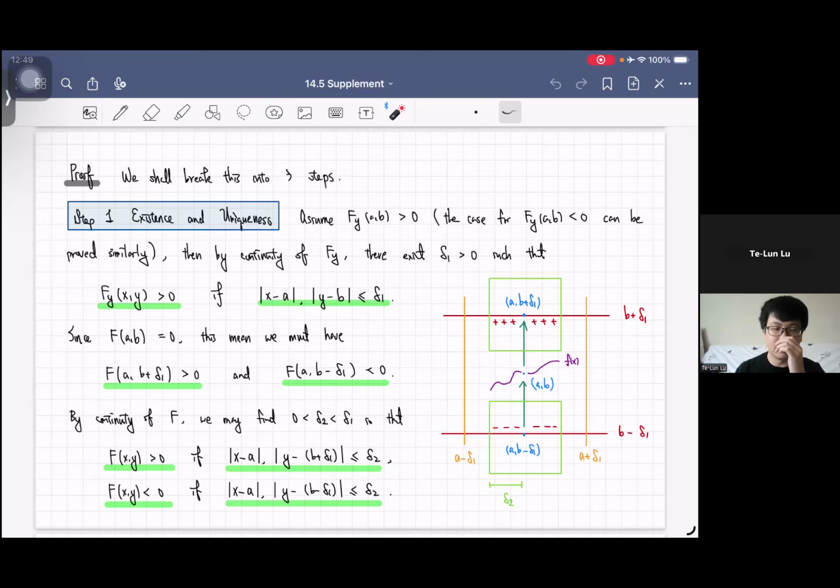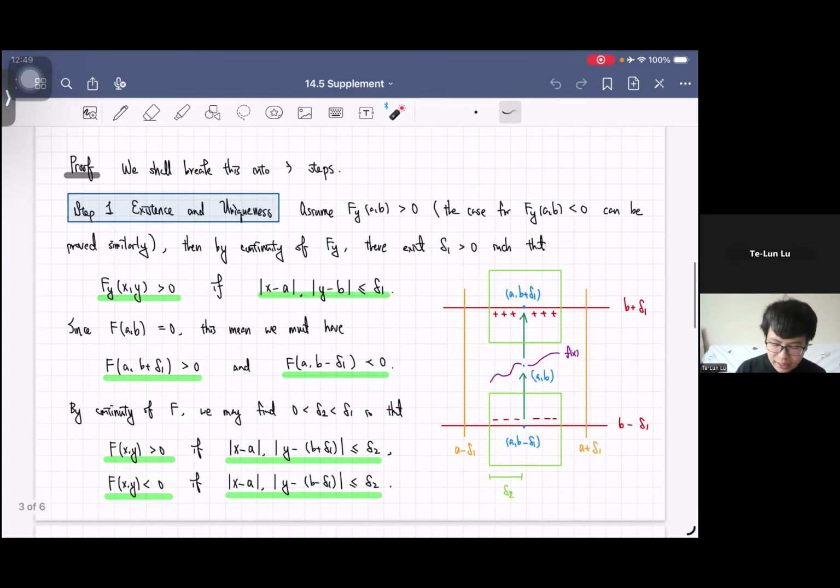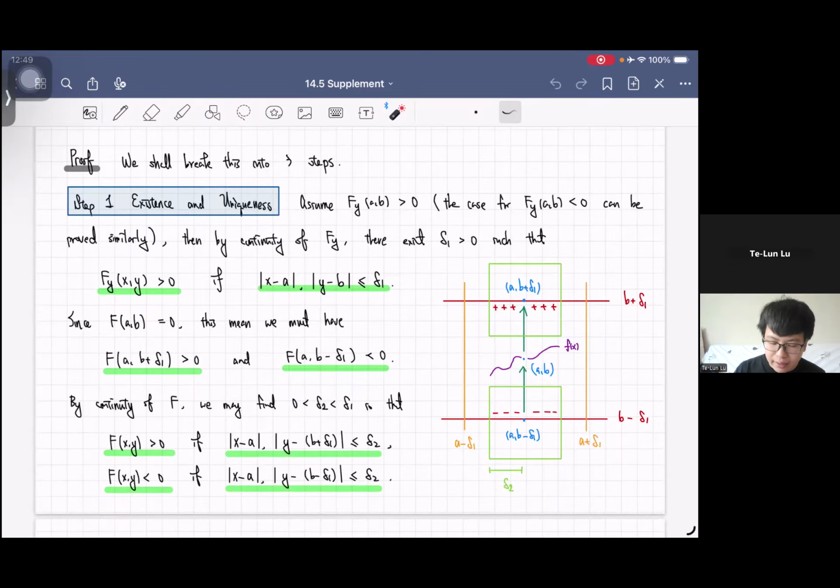Okay? Secondly, because f(a,b) is 0 by our assumption in this orange assumption, we know that, again by the positivity of this derivative on this whole box, it is increasing along y, right?